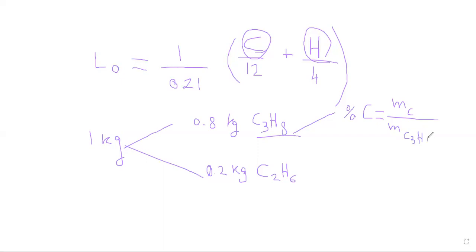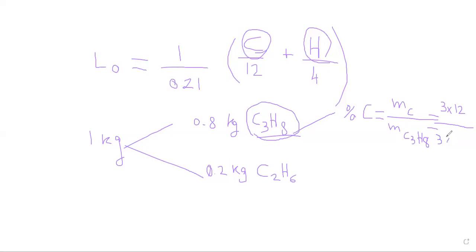Okay, so if I have just one molecule of C3H8, I can do the reasoning for one molecule. The percentage in mass of carbon will be the following. The mass of carbon in this molecule is 3 times 12, and the mass of this molecule is 3 times 12 plus 8.